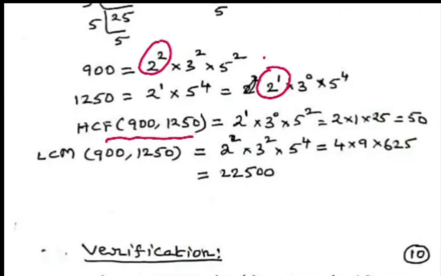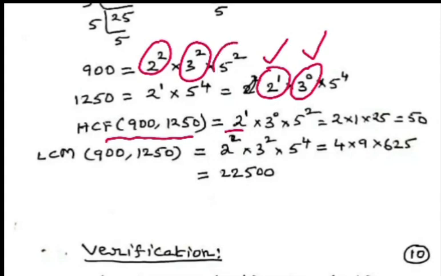The prime number with the lowest power is to be taken, 2 power 1. 3 power 2, 3 power 0. What is the prime number with the lowest power? 3 power 0 has the lowest power. 3 has the lowest power here, 0.